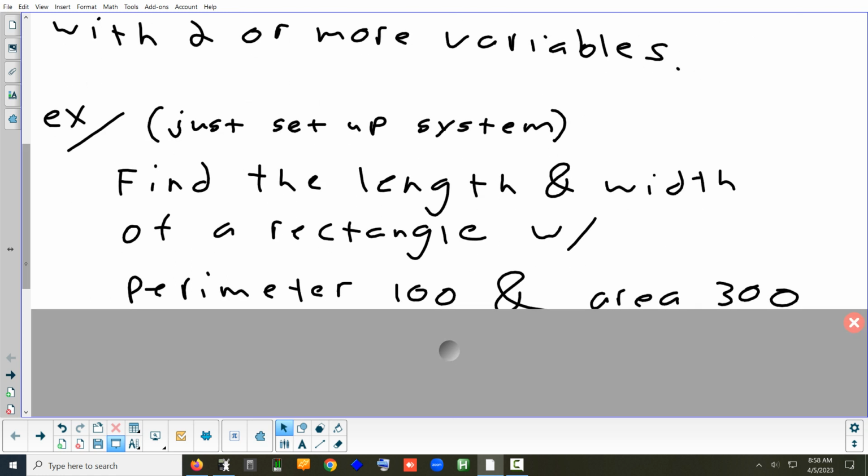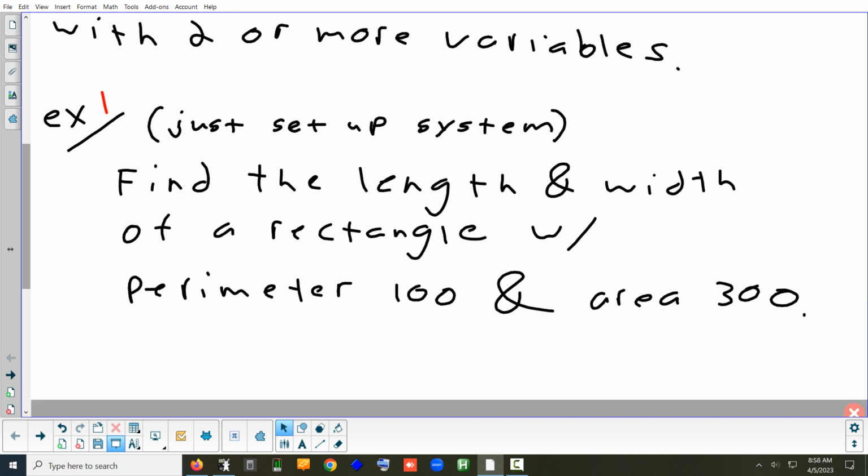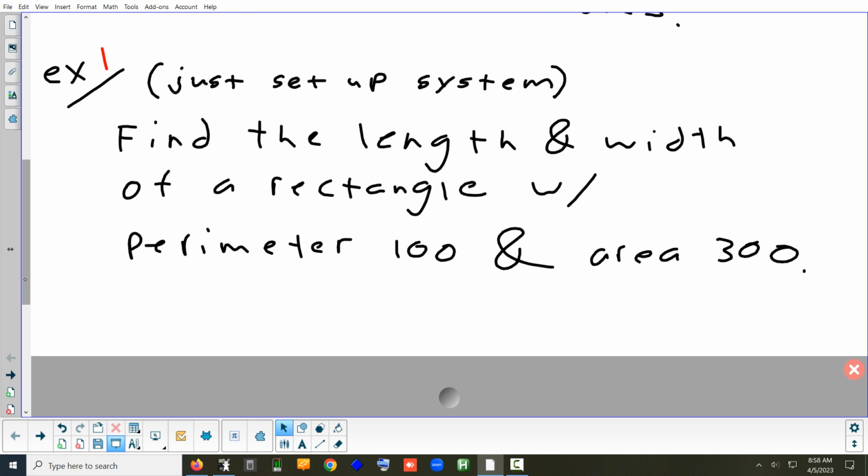All right, so for this first one, I just want to set it up. I don't want to solve it. Solving it's actually going to be example 2. So just set it up. The problem says to find the length and the width of a rectangle where the perimeter is 100 and the area is 300. Well, the first thing you have to do when you're setting up equations from a word problem is pick letters you're going to use as variables.